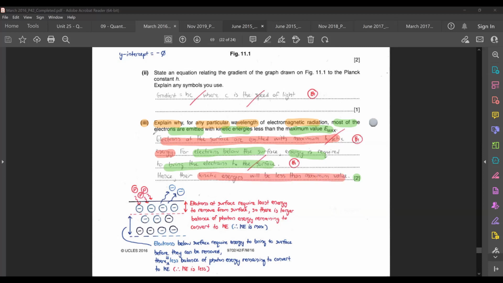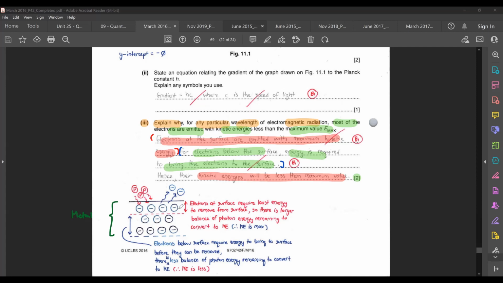The first statement here is worth 1 mark. The second statement is worth the other mark. If you want to visualize it, let's say this is your metal, and your electrons are spread out throughout it.